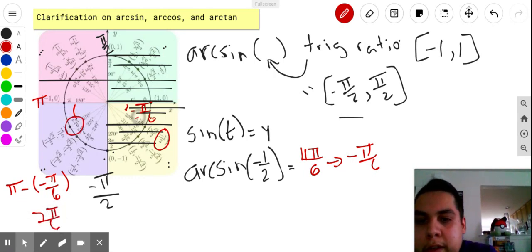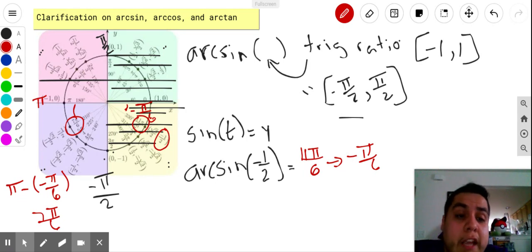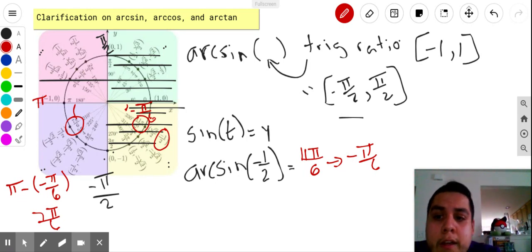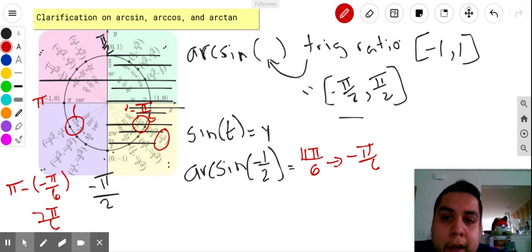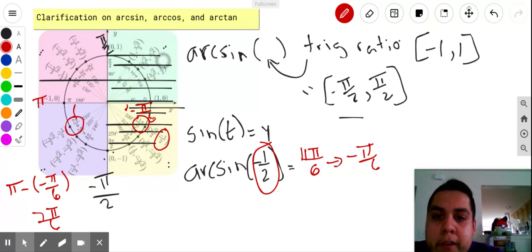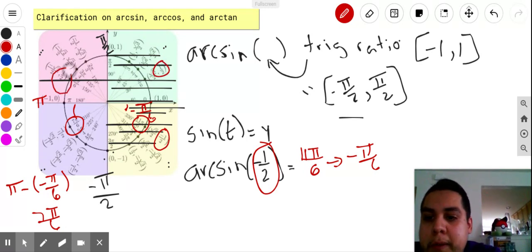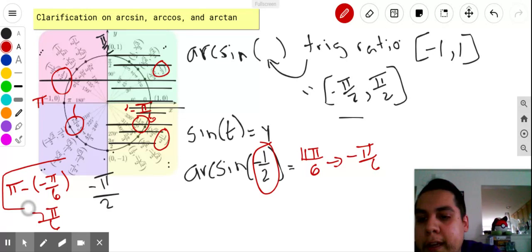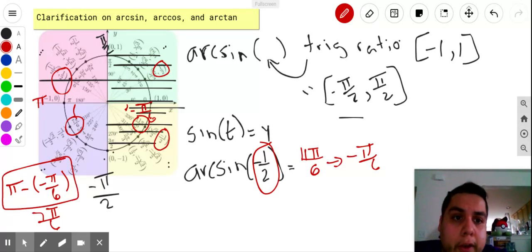So notice, by doing pi minus the given angle from arcsine, I could get the other solution if the arcsine ratio was negative. And if it was positive, then I would still do the same thing. It would be pi minus the arcsine value. Okay? So hopefully that made sense.